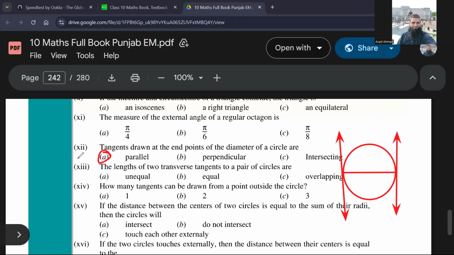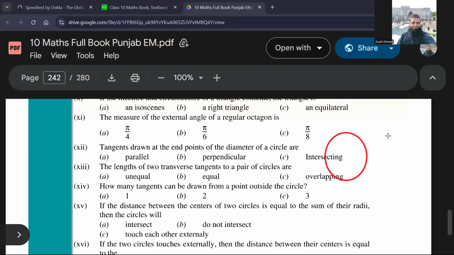Next is: the length of two transverse tangents to a pair of circles are equal. Now the transverse tangent is basically drawn like this one. Yes, like this one.